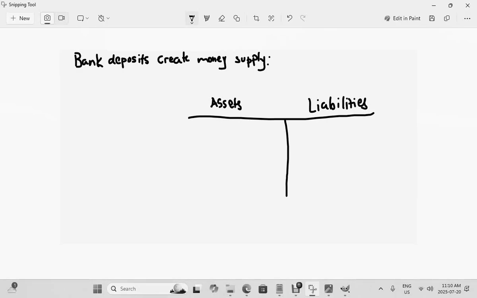Liabilities would be your deposit, and assets would be your required reserves and loans. Any money that the bank loans out to individuals and businesses, from which it makes interest income.